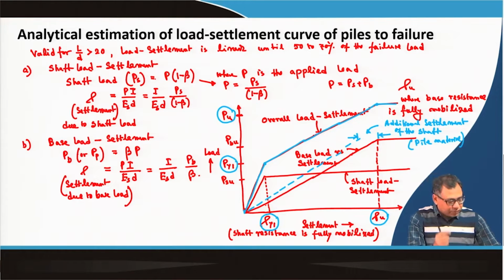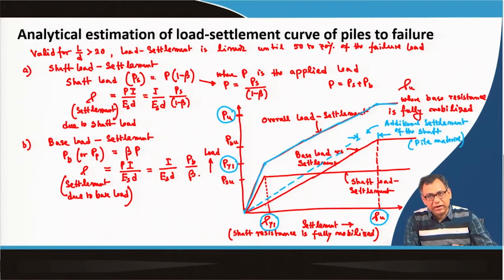The overall tip load gives us the deformation of the soil due to the tip load, but for the deformation of the pile material, you have to subtract that portion of the tip load developed during the full mobilization of the shaft resistance. So, this is this amount.